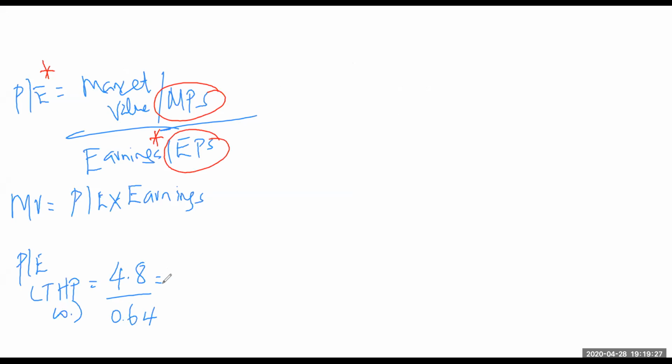Therefore, the PE ratio of THP, since they are in the same business sector, we are assuming the CRX company and THP company have the same PE ratio. The market is appreciating them in the same way. Therefore, the PE ratio of THP company should be 7 point something, I guess, 7.5.